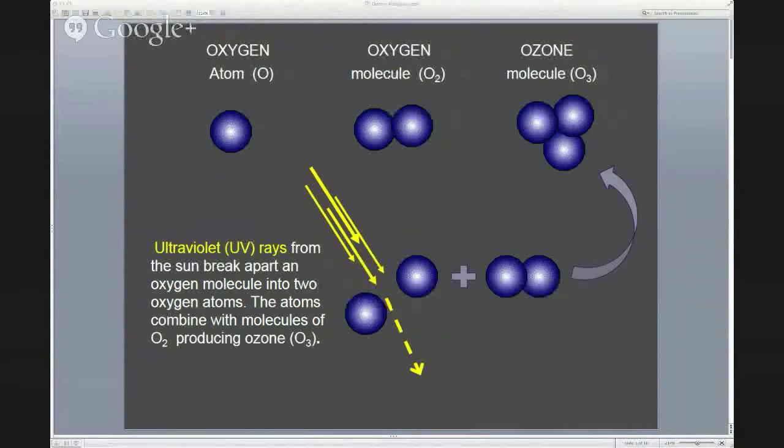It has a creation cycle of the UV light coming from the sun into the stratosphere and breaking up oxygen molecules and releasing one of those atoms, and it joins with another oxygen molecule to create an ozone molecule.